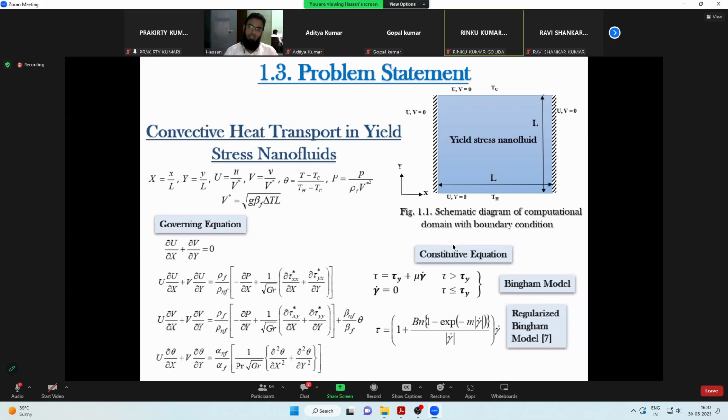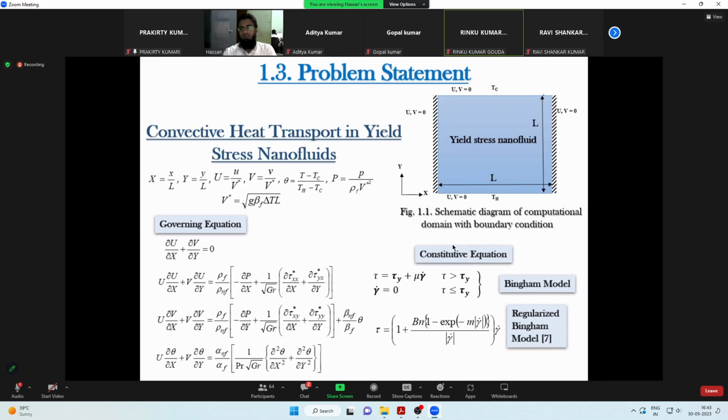Followed by that, because it's a two-dimensional geometry that we are trying to crack, assuming the third dimension is significantly large, it won't make any difference to the problem. Hence, considering it as a two-dimensional problem, the x direction momentum equation and the y direction momentum equation are mentioned just below the continuity equation. So for the x direction momentum equation, I'll explain a bit. U del u upon del x plus v del u upon del y is equal to rho f by rho nf, where rho f is the density of the base fluid and rho nf is the density of the nanofluid.